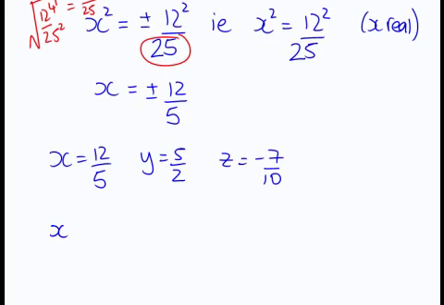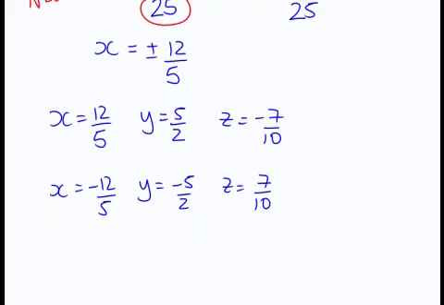And if x is minus 12 over 5, the signs just change. So y is minus 5 over 2 and z ends up being plus 7/10. So both of these 2 points are acceptable solutions to the problem of where is the point at which the distance from the origin to the point is minimised. And we've got 2 possible points.